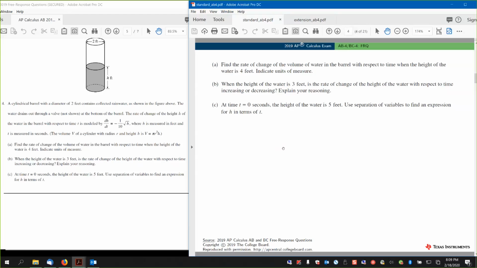So before my students ever solve a differential equation, I might give them a verbal statement such as the rate of change of the height of the water in the barrel with respect to time is directly proportional to the square root of the height, and ask them to interpret that statement as a differential equation, hoping that they would write dh/dt equals k times the square root of h.